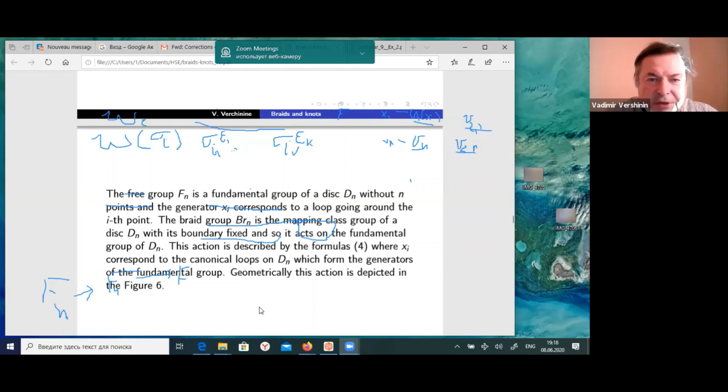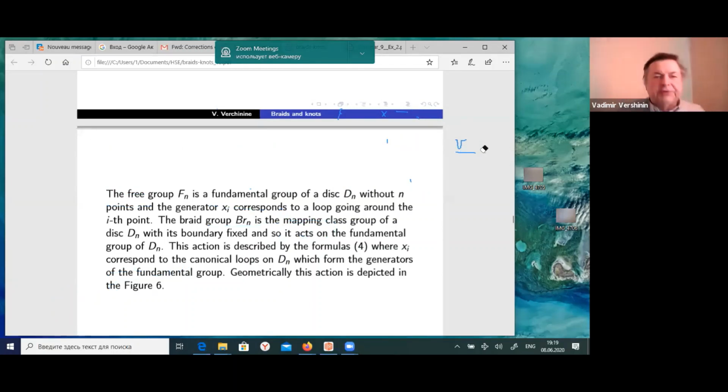So let us consider now a disk with endpoints deleted. You know that the fundamental group of the disk with endpoints deleted is exactly our free group.